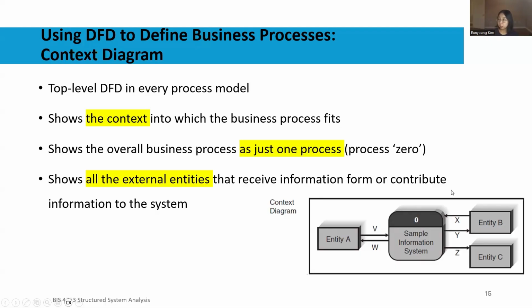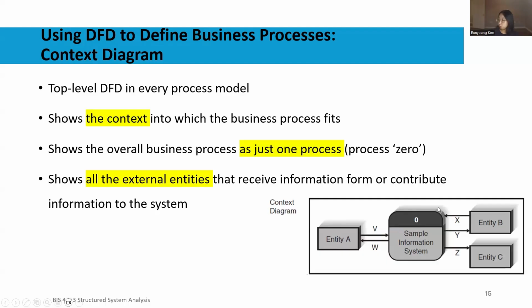So for example, in your deliverable 1 or 2, maybe some of you will have a manuscript management system as the main process, and entity A can be the author, who submits their manuscript as the input data flow, and as the output flow, W, this author will get the result of the review about their manuscript.